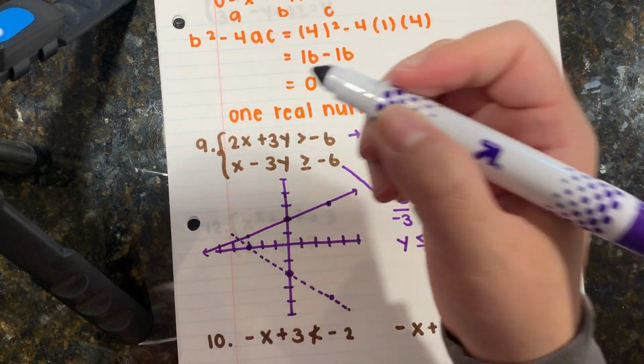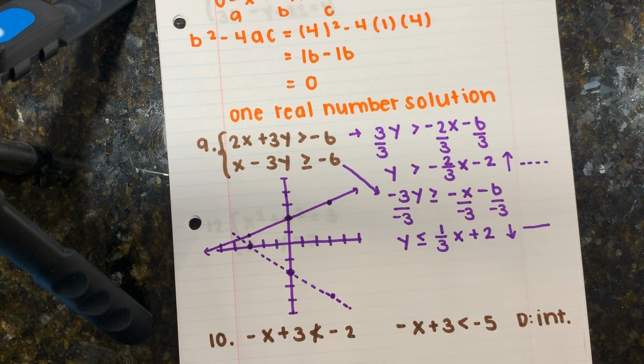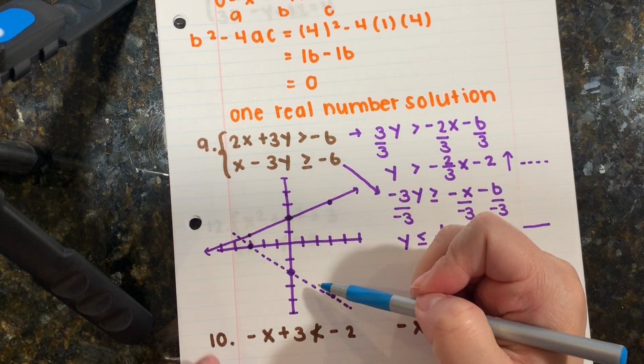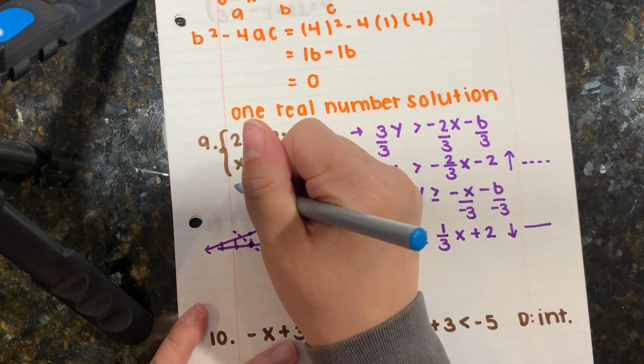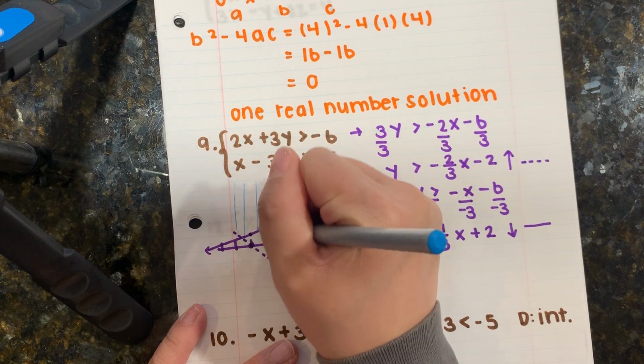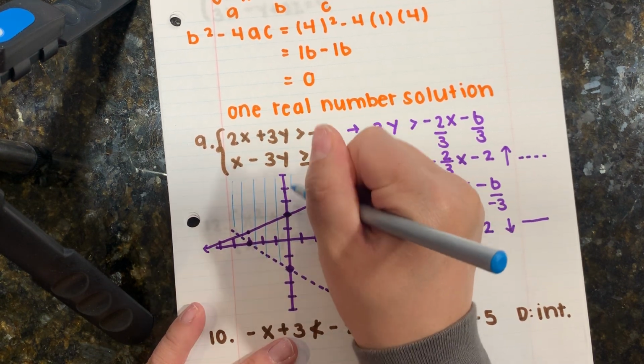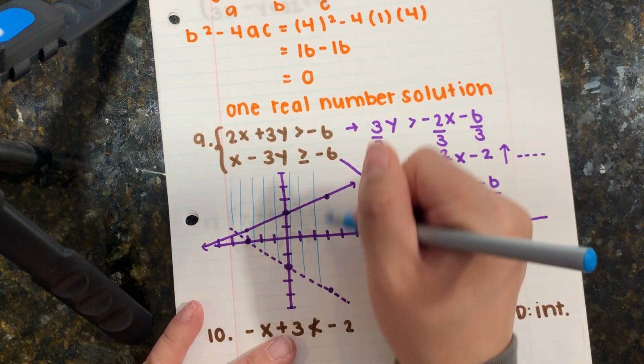Okay. And then when we're going to be shading, for the first one, I'm going to shade everything above the dotted line. So that would be all of this region here, above the dotted line.